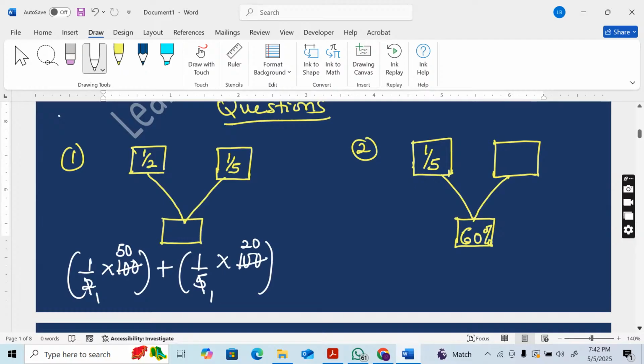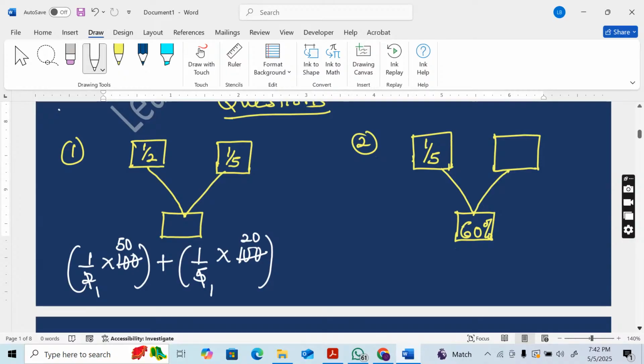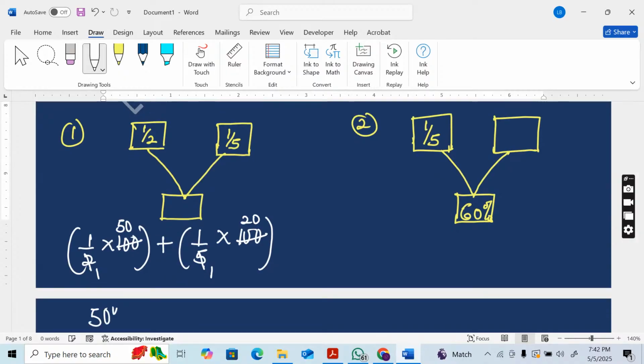So 1 times 50 will give us 50%, plus 1 times 20, that will be 20%. So the answer is 70%. So write in the box below number 1, 70%. It is very simple. Now let's move on to number 2.